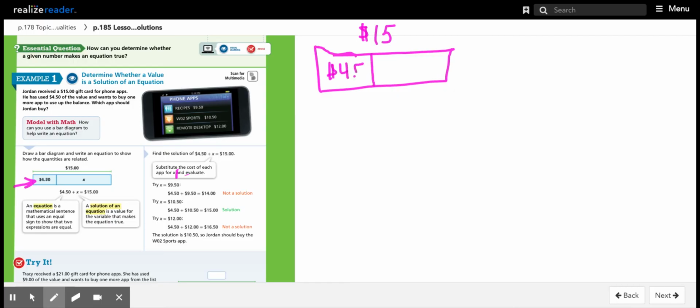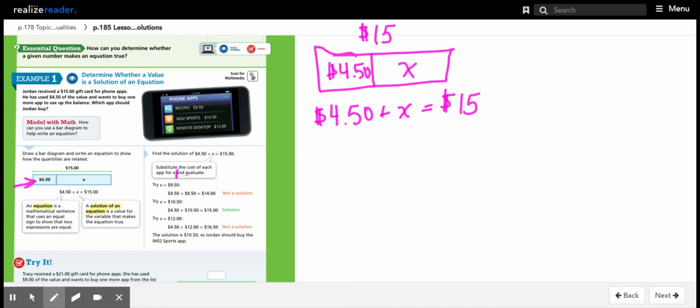Now I can represent the other part of this bar model with a variable. So pretty much what my bar model is telling me is that $4.50 plus X is going to equal $15.